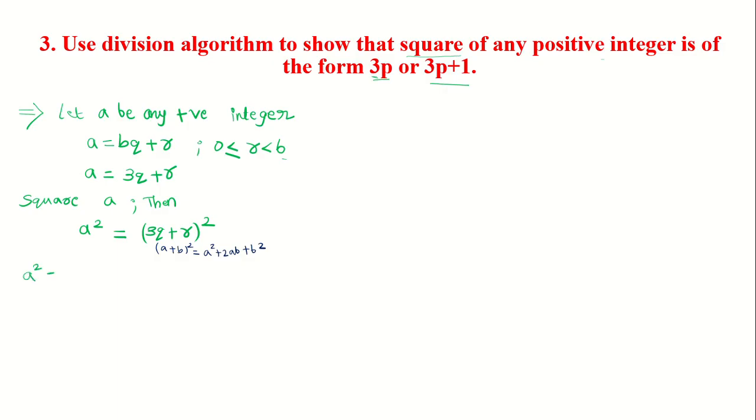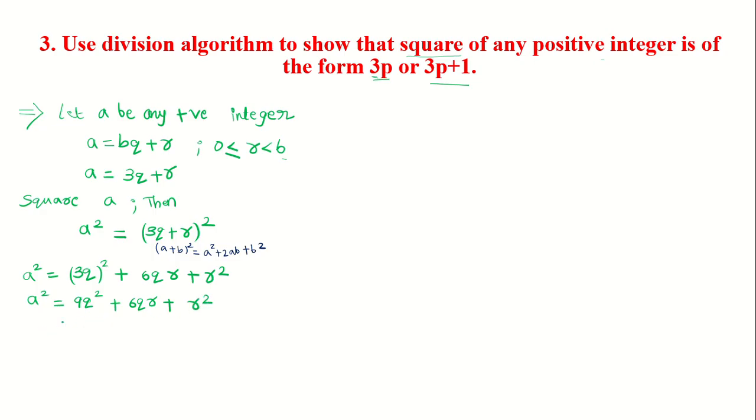Right? Now what will be the above equation when we expand this formula? a square equals 3q square plus 6qr plus r square. Now 3 square, how much is 3 square? 9. 9q square plus 6qr plus r square.